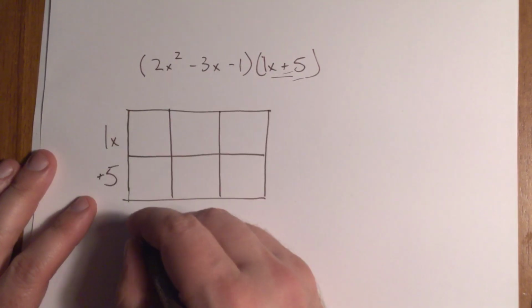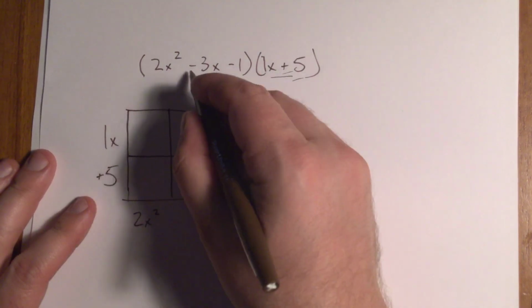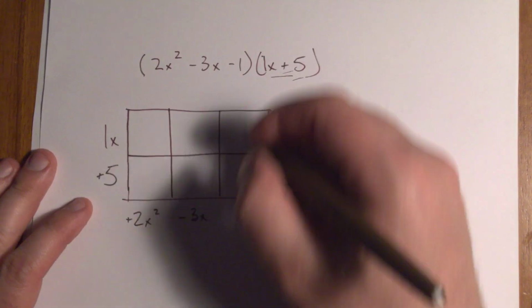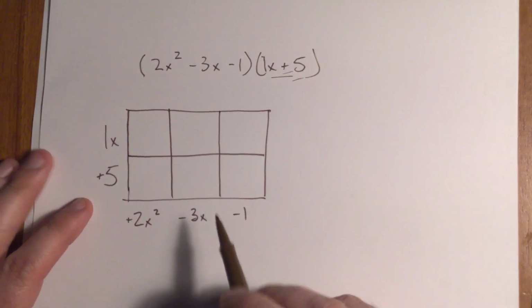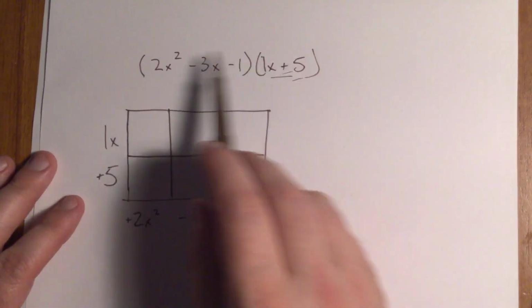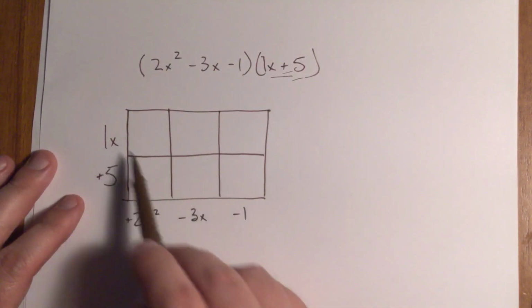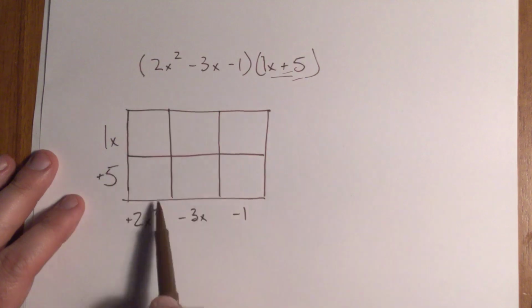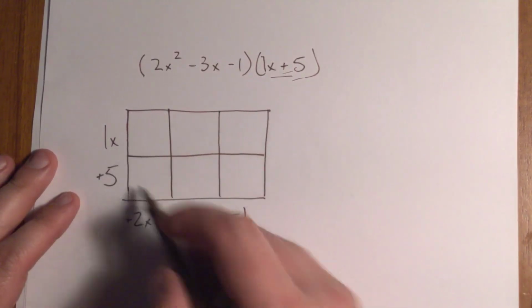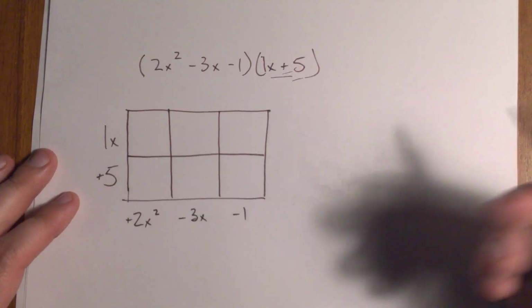And then over here I have 2x squared, minus 3x, I could put a positive, that helps you, and minus 1. So essentially the area of this rectangle would be the length times the width. Or I could also find the 6 smaller areas inside and add it together, which is what expanded form is.